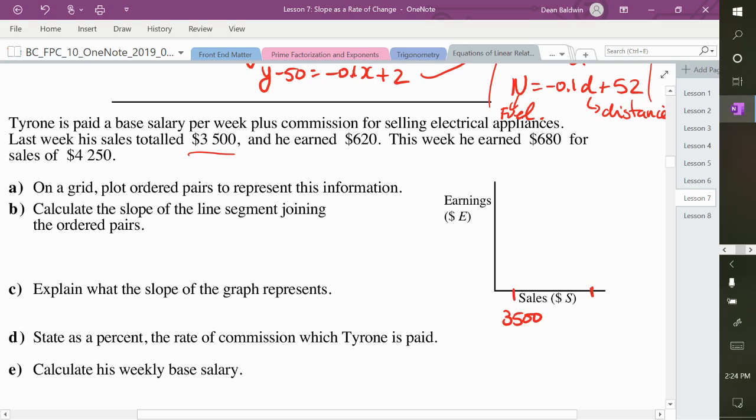There's 3,500. There's 4,250, and he earns 620 and 680. I'll just space them out just so you can read it. All right, there's our line. 620 and 680.